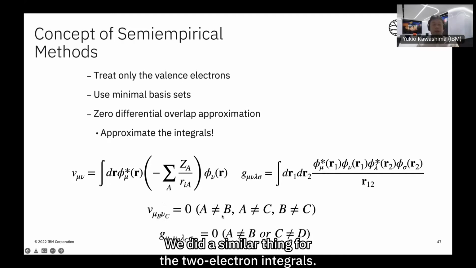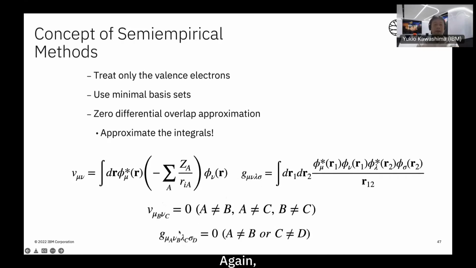We did a similar thing for the two electron integrals. Again, mu has the center at atom A, and nu has a center at atom B, and lambda has a center at atom C, and sigma at D. So in this case, if A is not B or C is not D, they'll be 0.